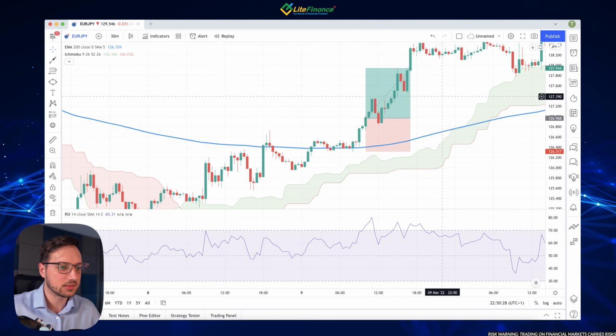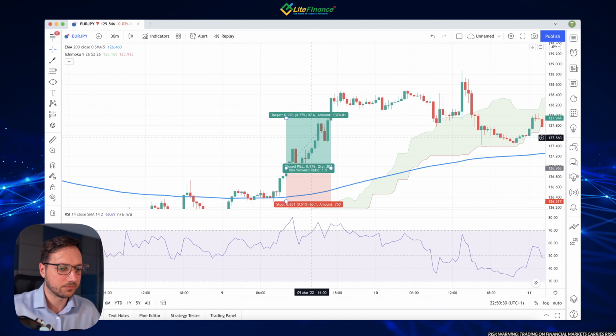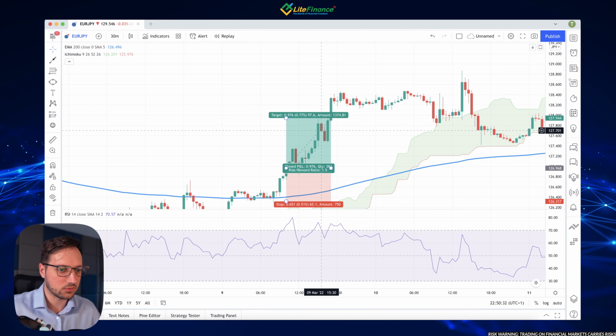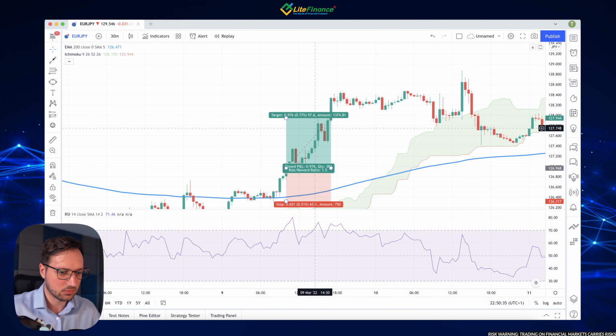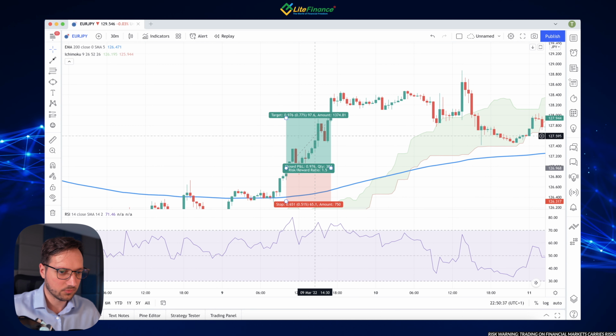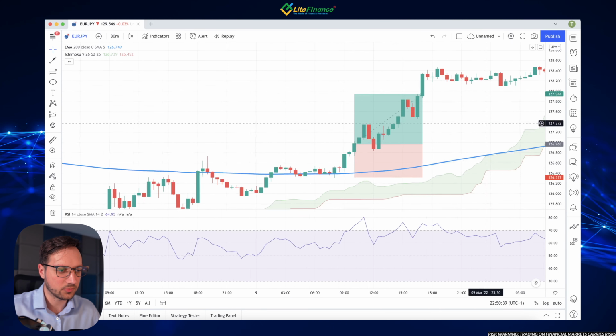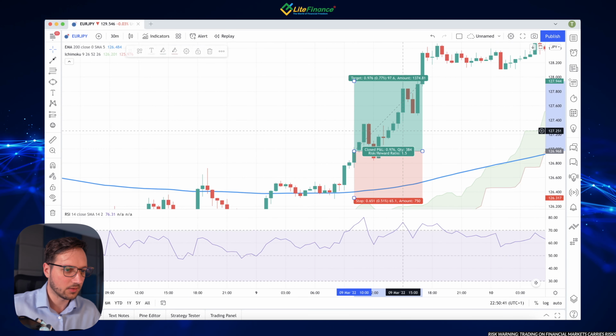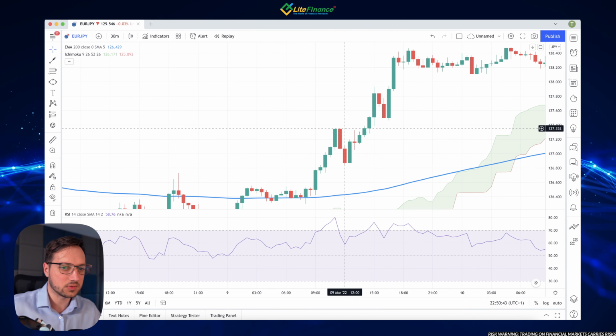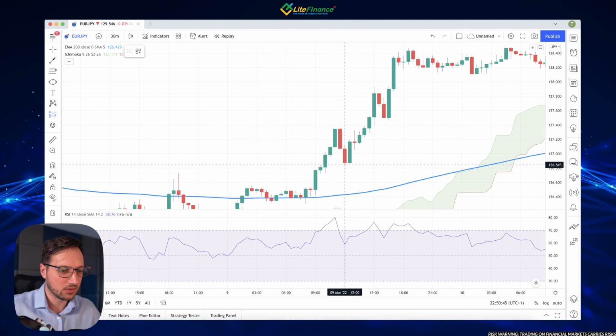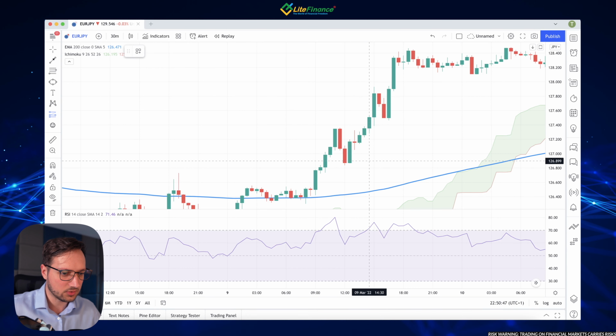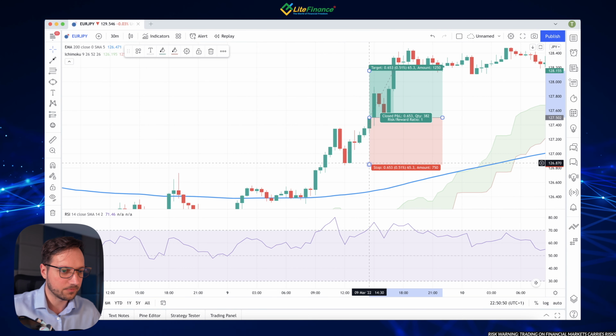So now maybe let's look for a couple more. So this one, it was even 2 inside 1. Okay, so let's delete this one so it would be better visible for us. We have another crossover into the overbought zone over here.